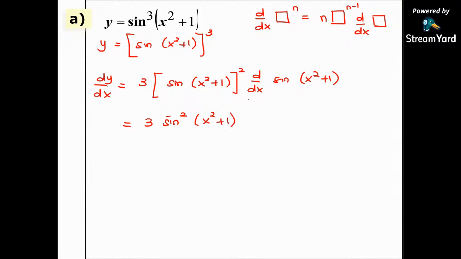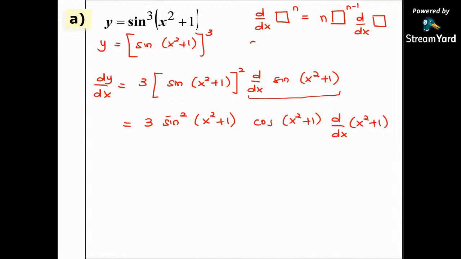Now let us focus on how to differentiate sine of x squared plus 1. Differentiating sine, we get cos, so this becomes cos of x squared plus 1. But then I have to differentiate x squared plus 1.